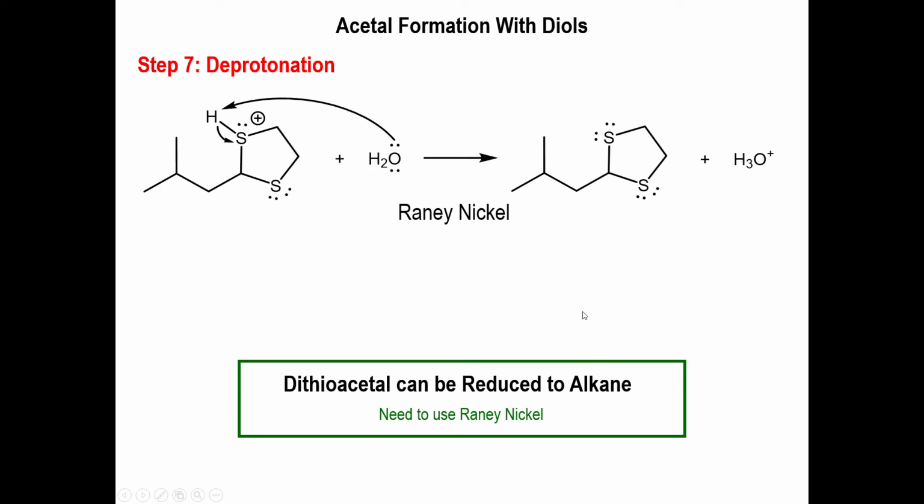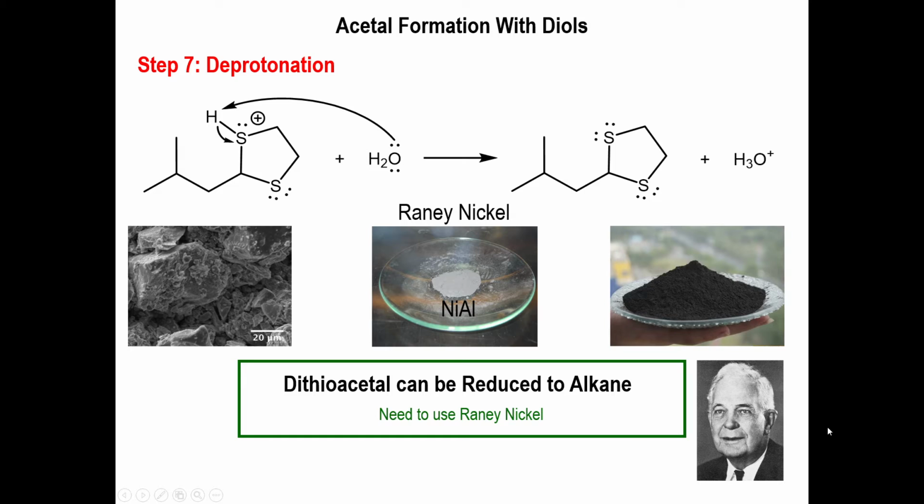alkyl or alkane molecule. Raney Nickel is basically named after the scientist that came up with the actual chemical itself. He came up with this particular material back, I want to say the 50s, maybe 60s, while he worked at one of the chemical companies at the time.